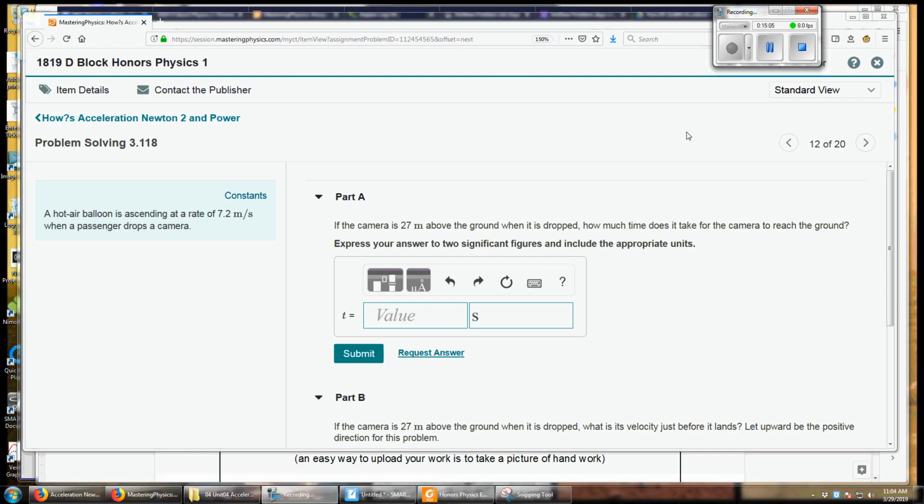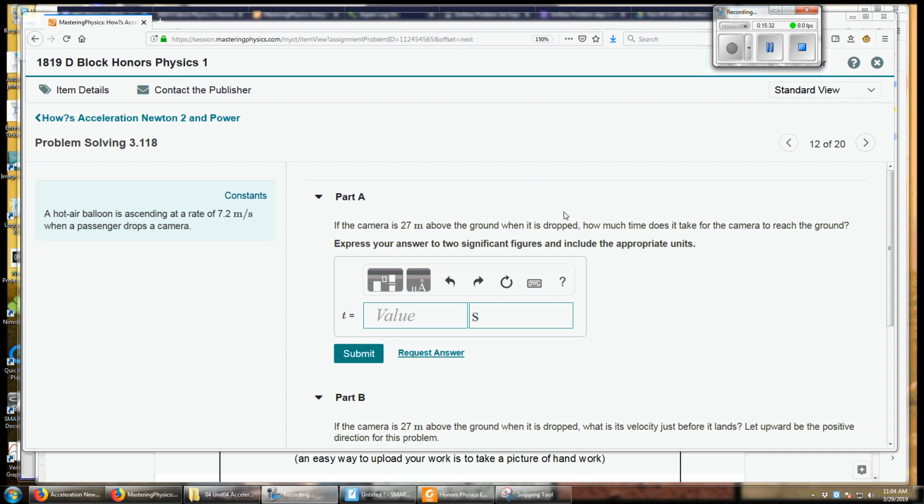A hot air balloon is ascending at a rate of 7.2 meters per second when the passenger drops the camera. What does ascending mean? Going up. And if the hot air balloon is going up at that, how fast is the person going up? Same speed. How fast is the camera going up? Same speed. So I might show that in my Y right away.